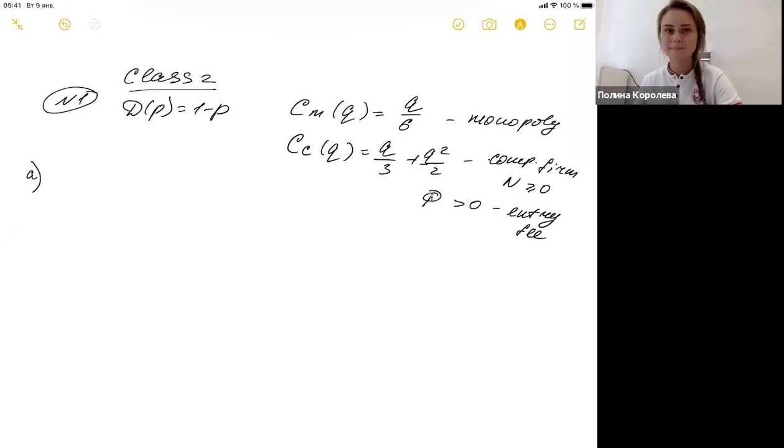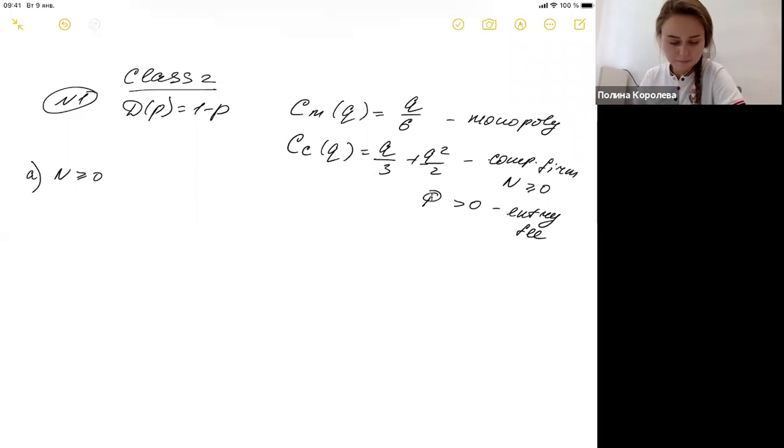Point A. Suppose n number of competitive firms greater or equal than 0, and these firms operate on the market. So they are in the market. They paid this entry cost before. Find market supply and residual demand function.